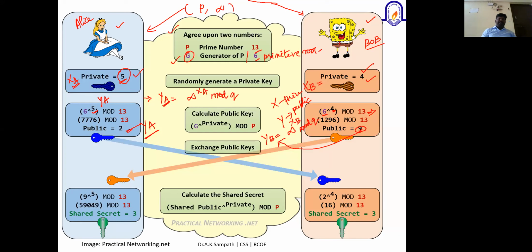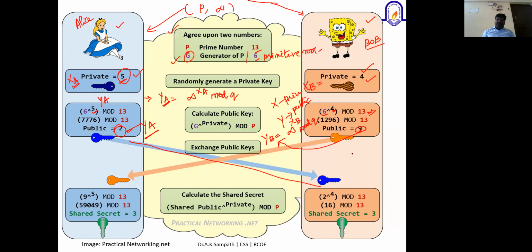From public key cryptography, we understood that one user's public key can be shared with the other users. By the way, both the users, Alice and Bob, will exchange their public keys, right? Now, Alice will share her public key with Bob.